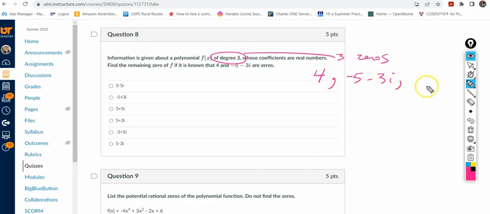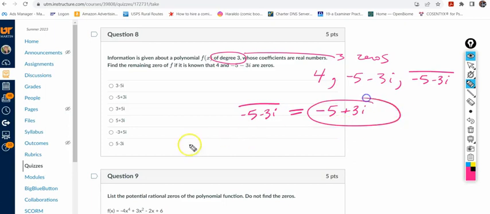Well, this is a non-trivial complex number, so the other one is going to be the complex conjugate of it. Now, what's the complex conjugate of that? Well, with a complex number, you change the sign of the number that's multiplied by i. That's the only thing that changes. So that's the answer I am looking for. This one here.